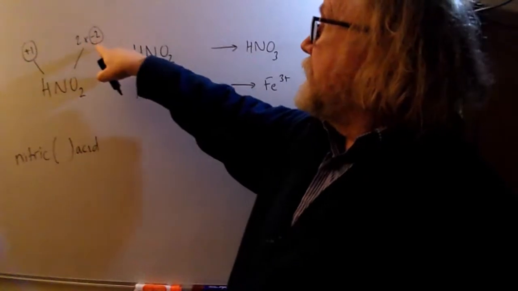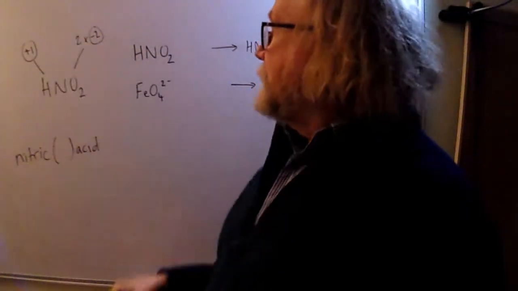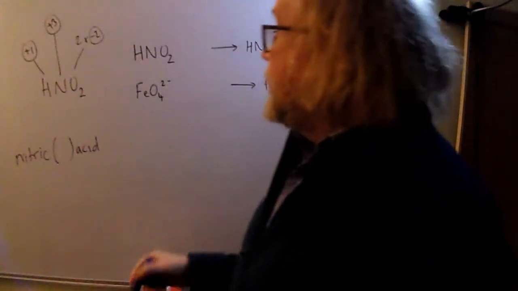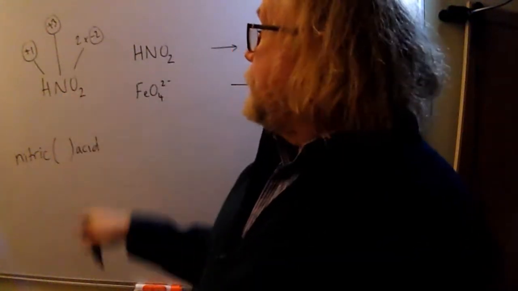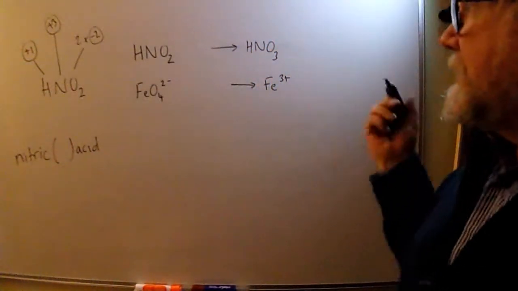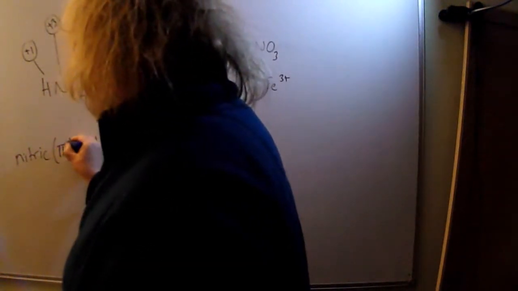So 2 lots of -2 is -4, +1 is -3. So to make it add up to 0 overall, the nitrogen must be +3. And of course that's the one that we report. The hydrogen-oxygen oxidation states, you don't report them because they stay the same. It's the nitrogen that's variable, so that's the one we put in there. So it's called nitric(III) acid.